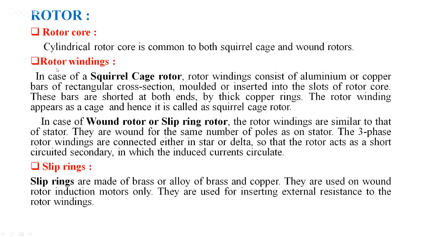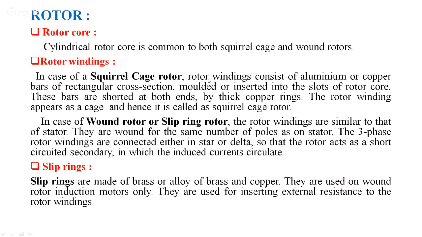Rotor windings: in case of a squirrel cage rotor, the rotor windings consist of aluminium or copper bars of rectangular cross section, molded or inserted into the slots of the rotor core.